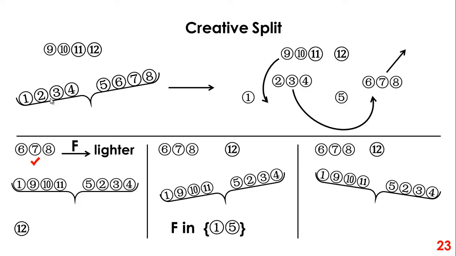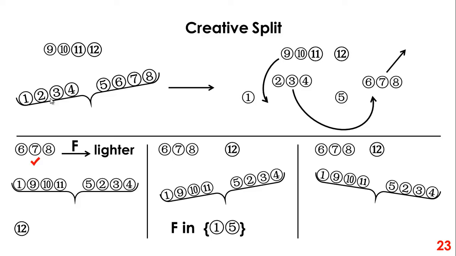If the group 2, 3, 4 contains the fake one, that's impossible. In the first weighing you make one side heavier, and in the second weighing you make that side lighter. That's a contradiction, so group 2, 3, 4 cannot contain the fake one.